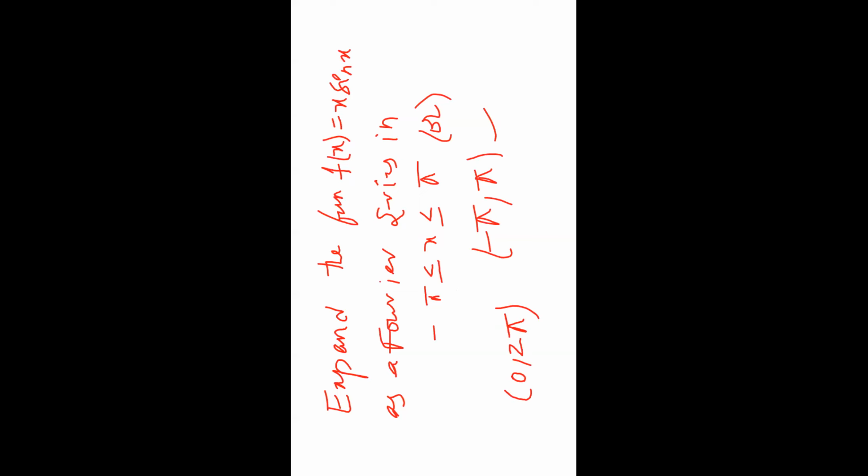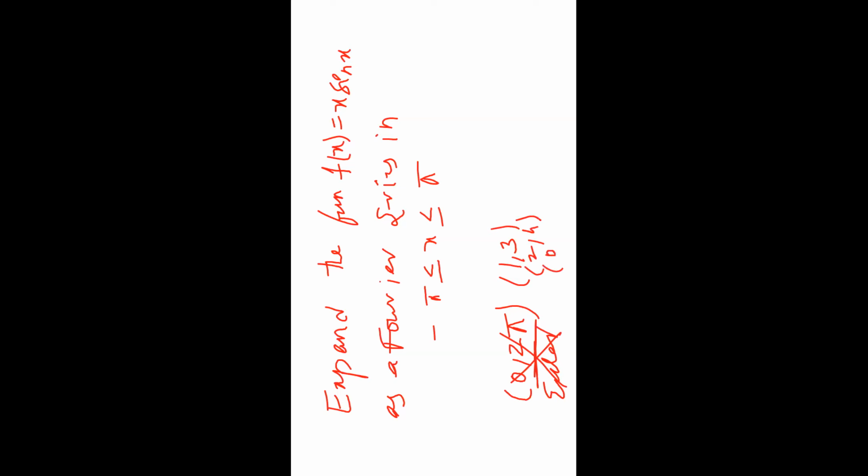After averaging, L equal to pi, then it is Euler. So the 0 to 2 pi is not given in the above problem, so it is not Euler. And change of interval: the change of interval limits are like 1 comma 3, 2 comma 4, 0 comma 3, like that.